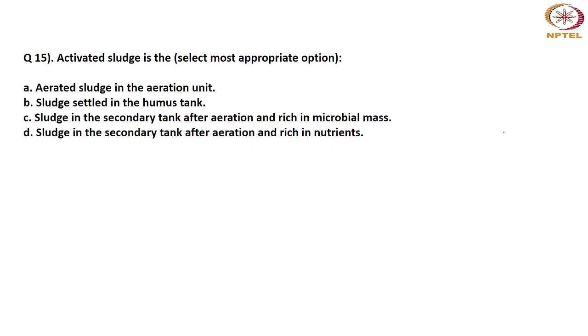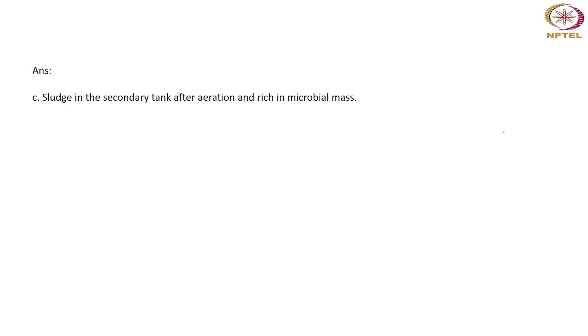So here only one answer will be correct. That answer is C only, because that sludge in the secondary tank after the aeration tank is rich in microbial mass. That is our activated sludge. The sludge is activated. It contains microbial mass, and it comes from the secondary tank after the aeration tank, and it can be recycled.